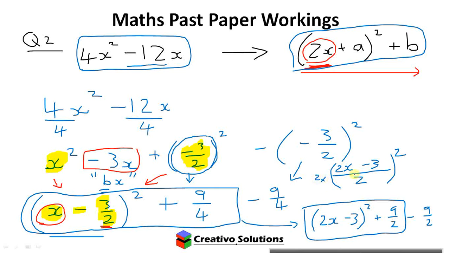So times this by 2, 2 over 1, and then times everything else by 2 over 1. Okay, because you had plus 9 over 4, 9 over 4, and minus 9 over 4. Right, so that's just the extra step to get that final answer. That's the final answer. Because I've just multiplied everything by 2. So if I multiply this by 2, 2 over 4, cancel. 2 over 4, cancel.